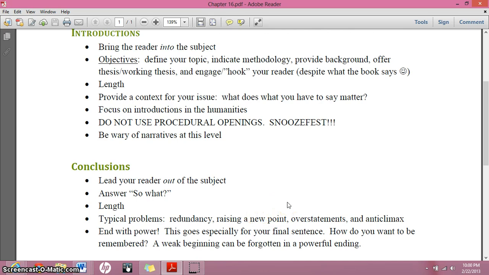The typical problems I see all the time, so just be aware of them. Your conclusion is not a time to restate everything that you've already said. It's not a time to raise a new point or to bring something new up. You don't want to make a bunch of generalizations and overstatements about what you've said, because that alienates your reader. So many times I get students who say, everybody does this, and I'm usually pretty honest about it, and I'll comment and say, I don't.